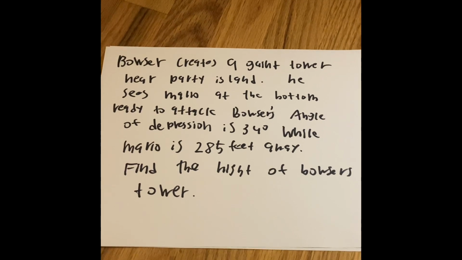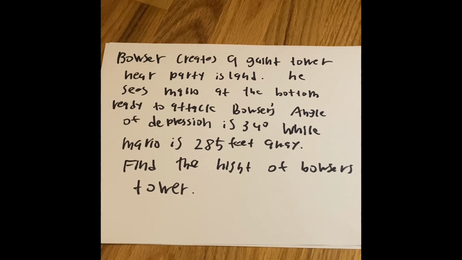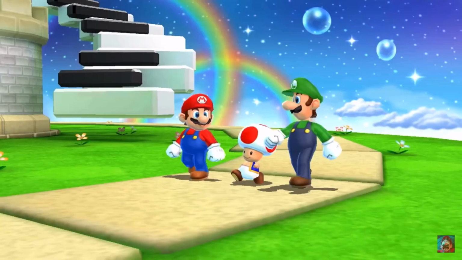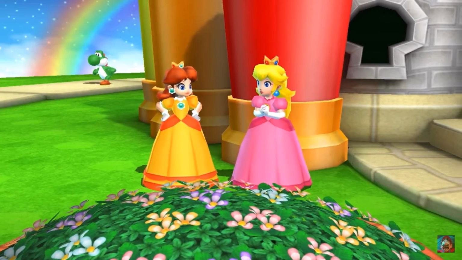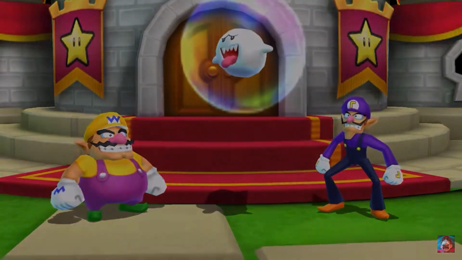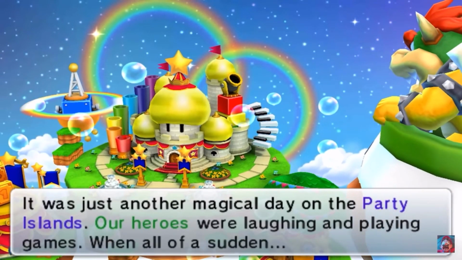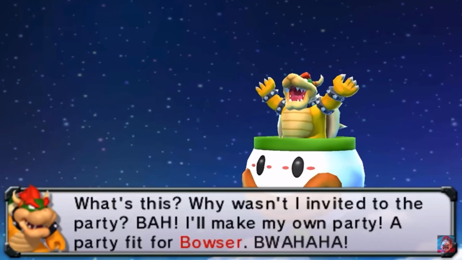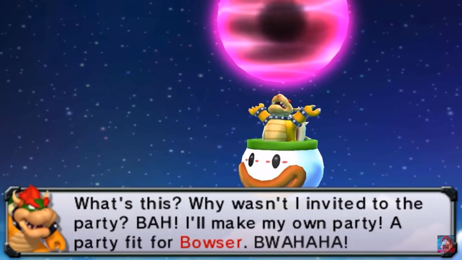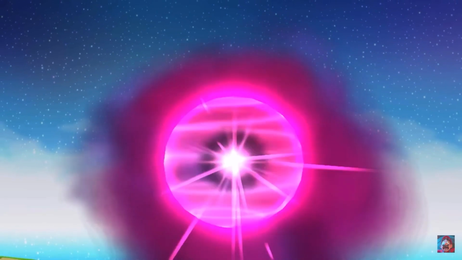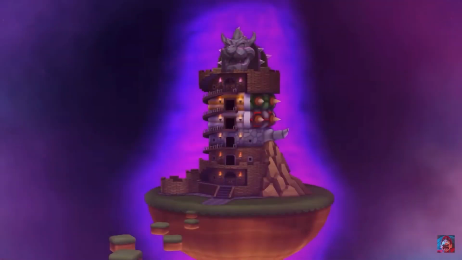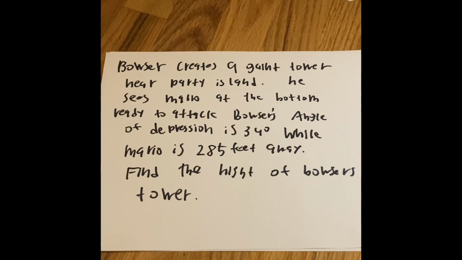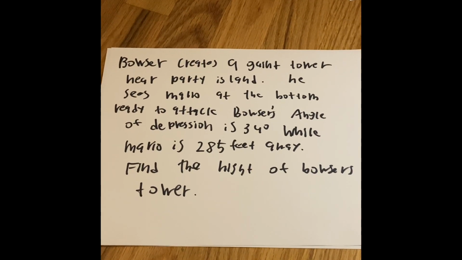This is our first one. Bowser creates a giant tower near Party Island, and he sees Mario at the bottom, ready to attack.